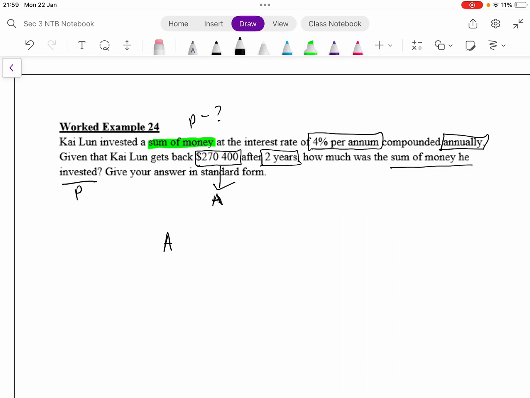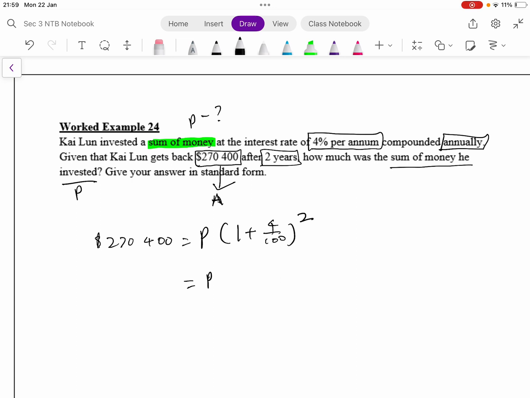Alright, this is your P. So we go back to our formula. P bracket 1 plus 4 over 100, power of 2 years. Now, we know our A is actually 270,400. So we multiply 1 plus 0.04 squared.